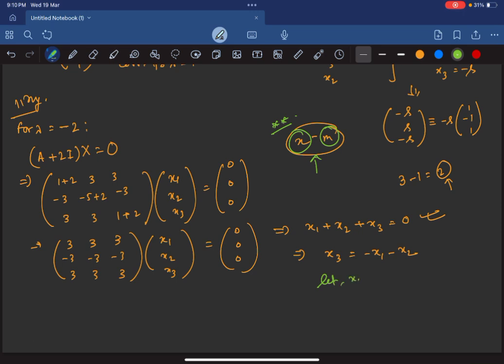So here let x1 equal t and x2 equal s. So x3 we are getting is minus t minus s.